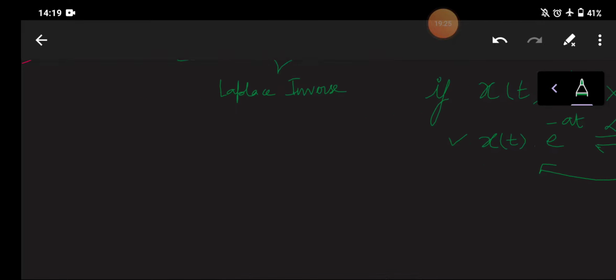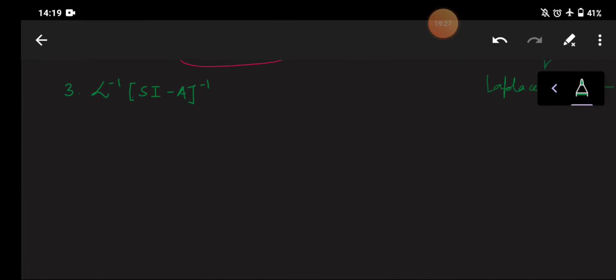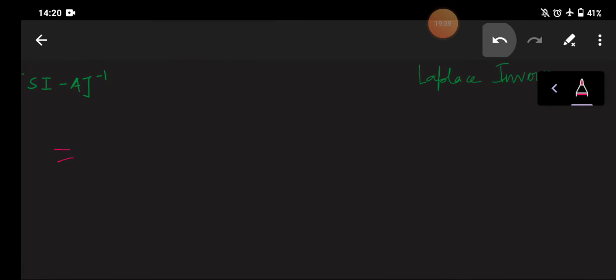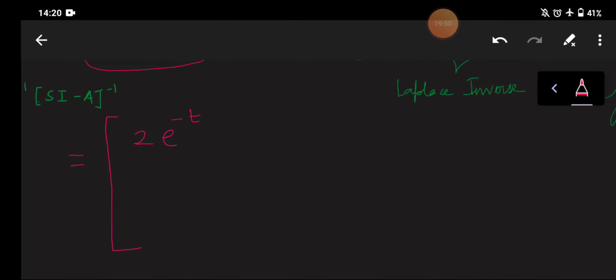So I'm writing it here as 2 e to the power minus t.